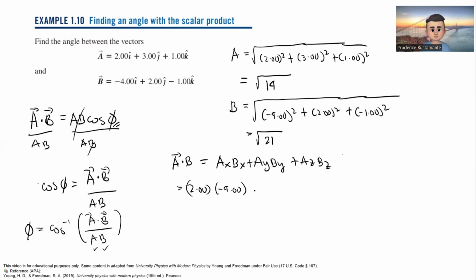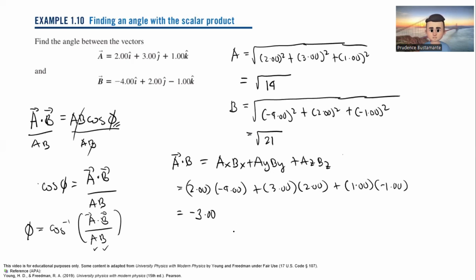The AY is 2.00 plus 1.00 times negative 1 point, plus negative 3 point zero, zero.